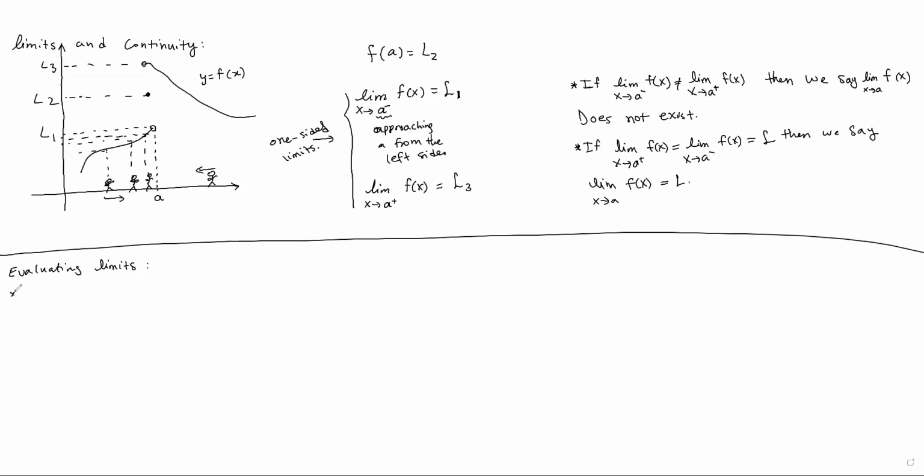So always try plugging in the a into your function. If nothing weird happens, and we're going to talk about what I mean by this, what is this weird thing that we're talking about, then that's your limit. You have it.